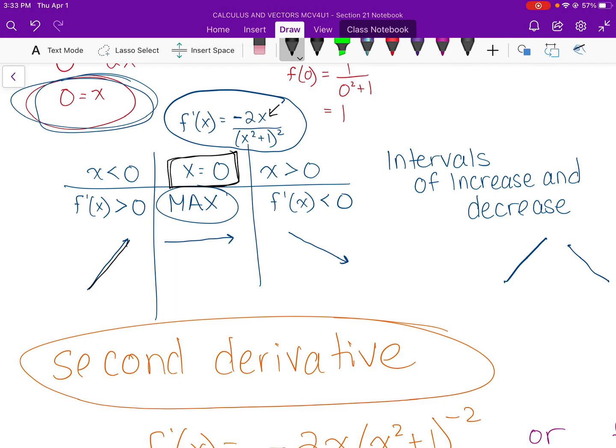So we know that our slope is going to be positive, so our function is going to look like this. And then when we sub 0 in, we know we are going to get a max or a min. And then when we sub a number that's greater than 0, we know that our first derivative is going to be a value less than 0. So after figuring that all out, we determined that at x equals 0, we will have a maximum, because our graph's going to go like this somehow.